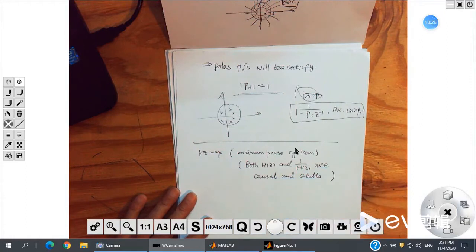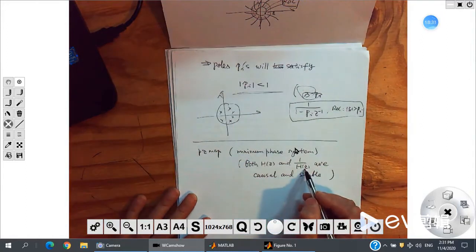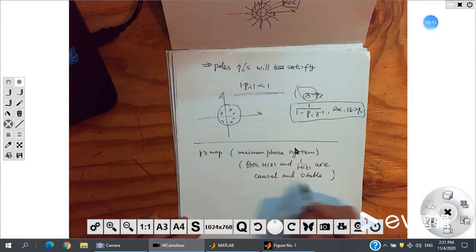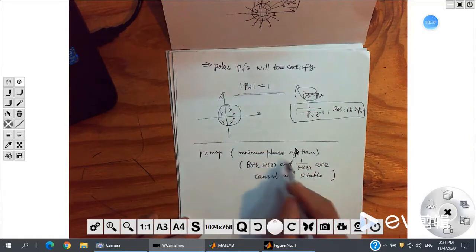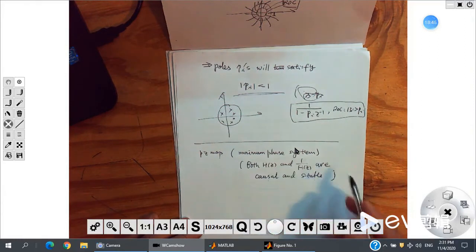Both systems are causal and stable. In this case, both H as well as 1 over H are minimal phase systems. We call this a minimal phase system.